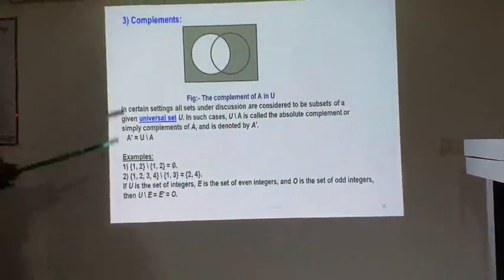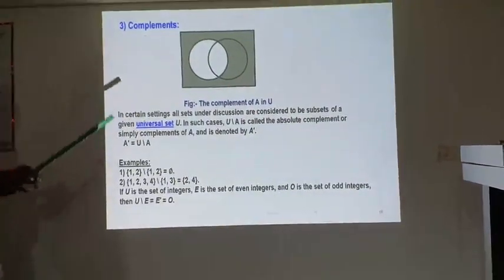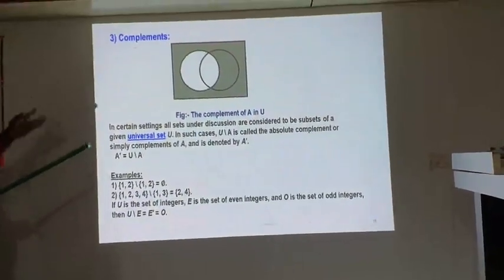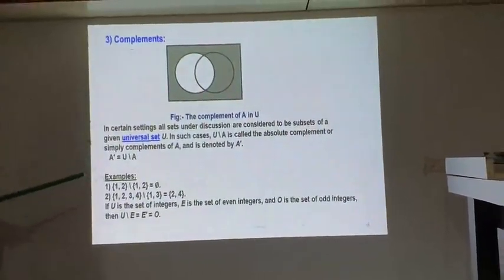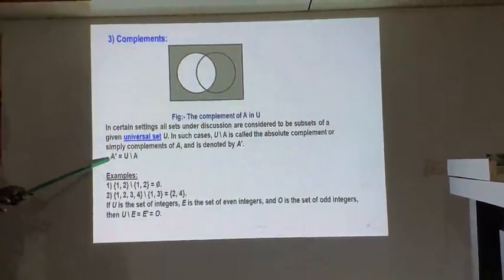The complement of A means all elements of U except A, and it is denoted by A dash.